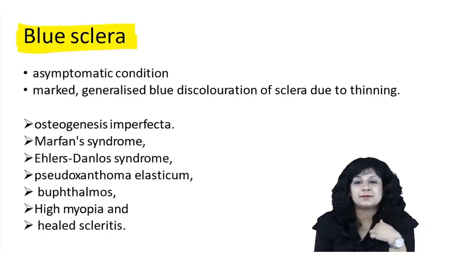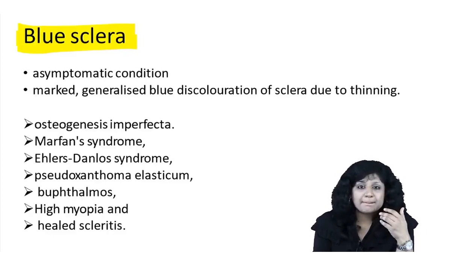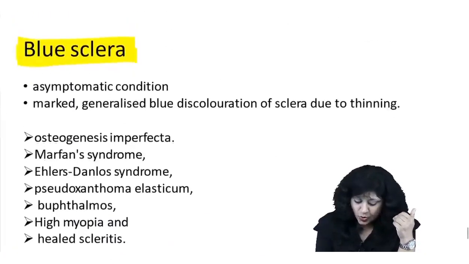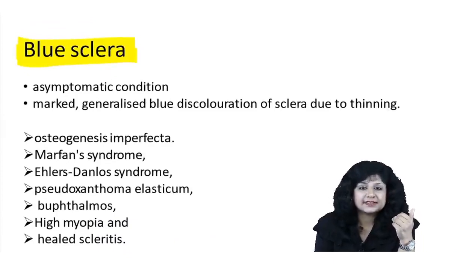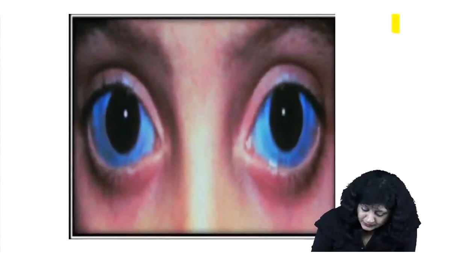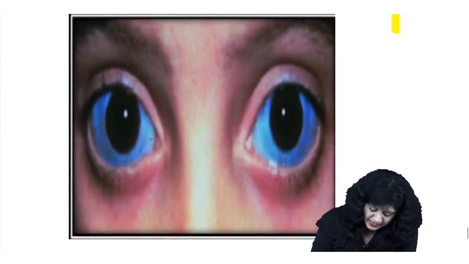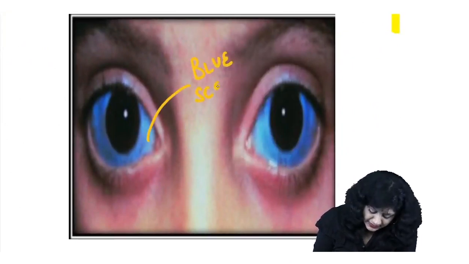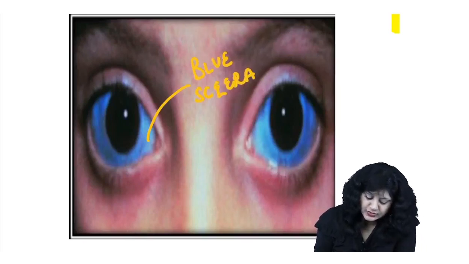Because of this bluish appearance, it is called the blue sclera. If you look here, can you see this person is very prominently showing you something? This is the bluish appearance of the sclera, and this is called blue sclera.